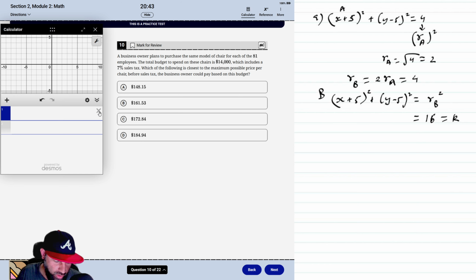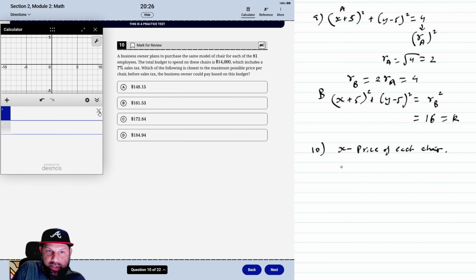Okay, so let's call the price of each chair x.